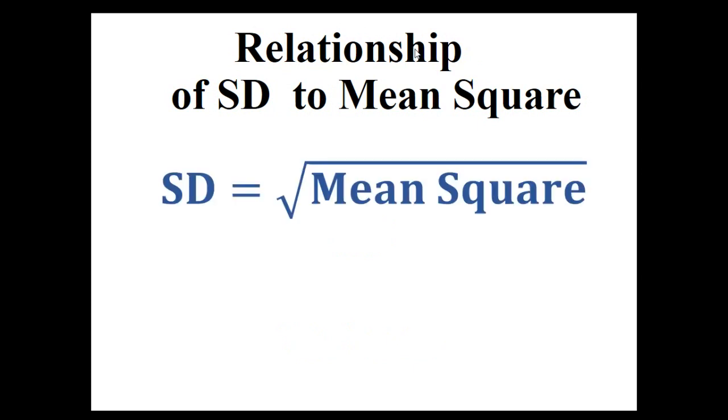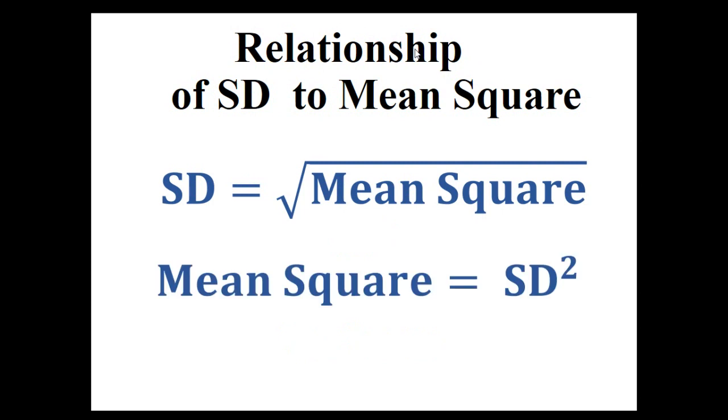Now, it's important to remember the relationship of the standard deviation to the mean square. We've already covered this, but let's go over it again just to emphasize how important this is. As I showed you earlier, the standard deviation is simply the square root of the mean square, right? You get the average of the squares, and then you take the square root, and that gives you the standard deviation.